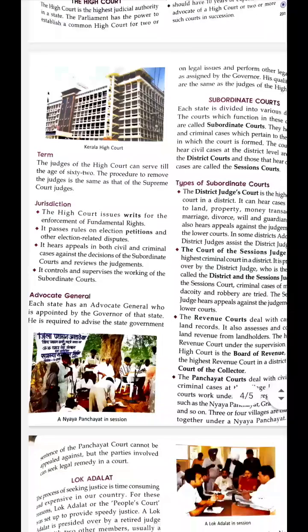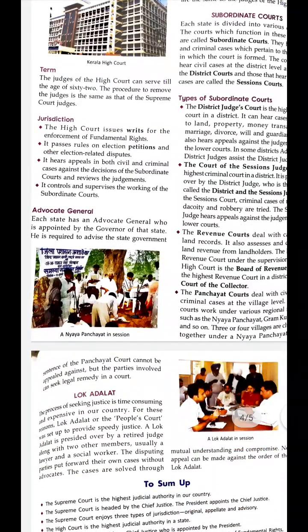Now, next we will see the Advocate General. Each state has an Advocate General who is appointed by the governor of that state. He is required to advise the government on legal issues and perform other legal duties as assigned by the governor. His qualifications are the same as a judge of the High Court. Every state has an Advocate General.